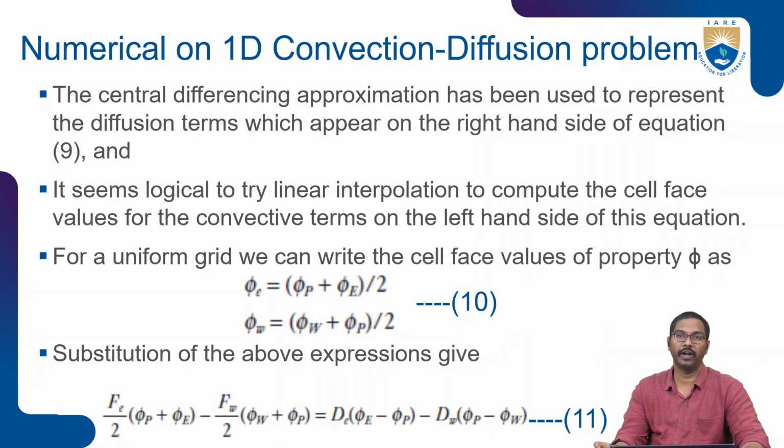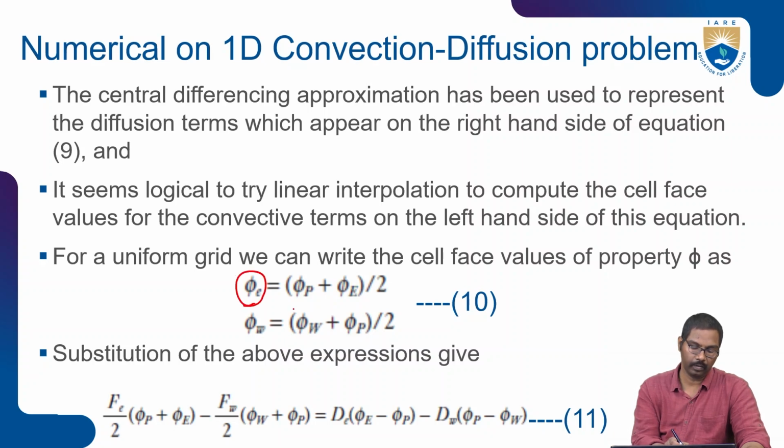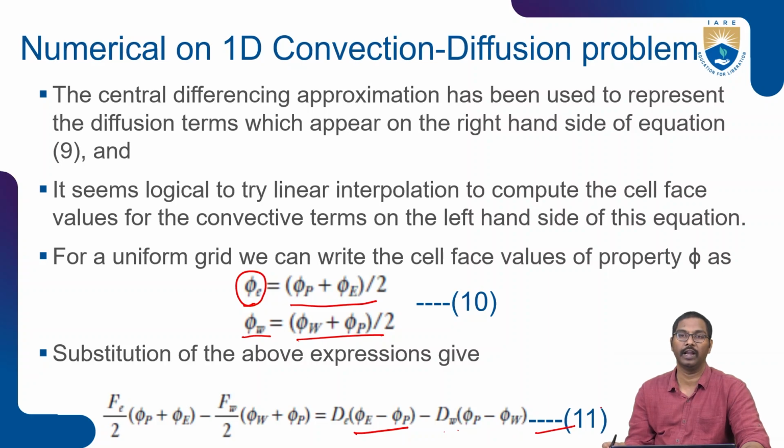Because of the uniform grid cell, φe is taken as the average of φP plus φE, and similarly φw equals (φW + φP)/2. Substituting these terms in equation 9 gives Fe/2 (φP + φE) − Fw/2 (φW + φP) = dE (φE − φP) − dW (φP − φW). That is equation number 11.